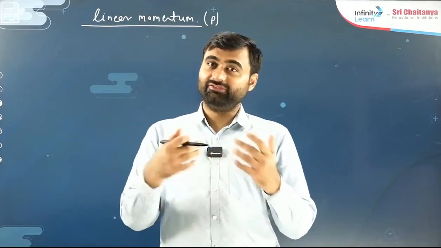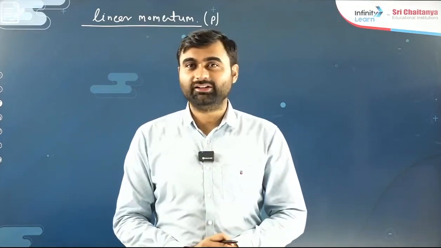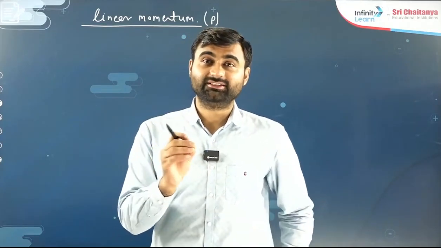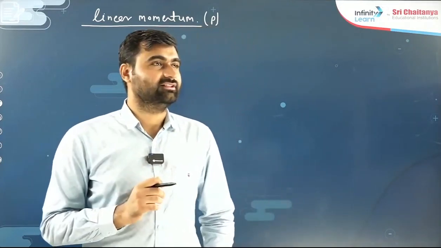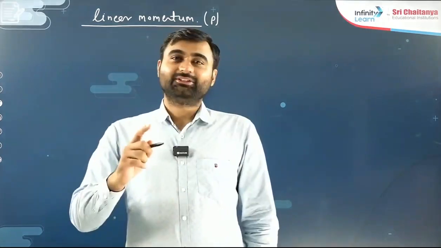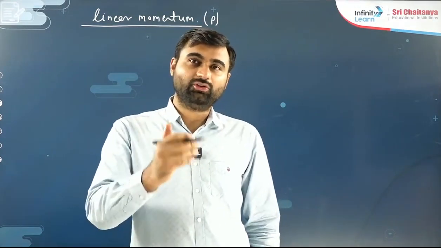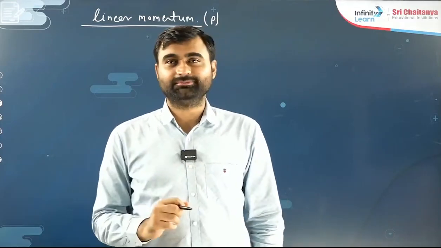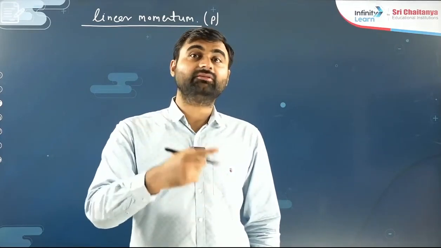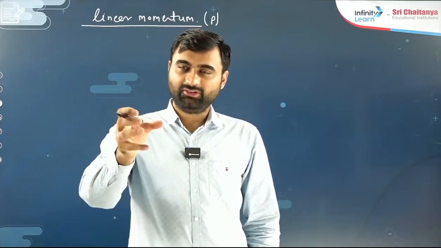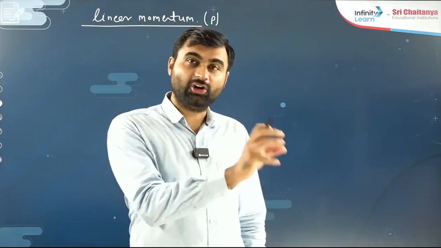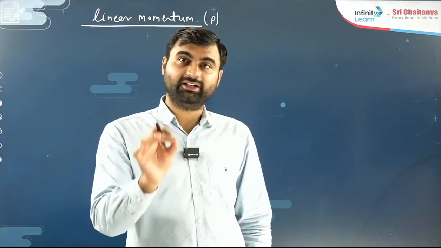That collision affects only you. Why? Because your mass is less. Right or not? So the important point is that not only velocity plays a role. Velocity with mass, how much mass has how much velocity, both play an important role.